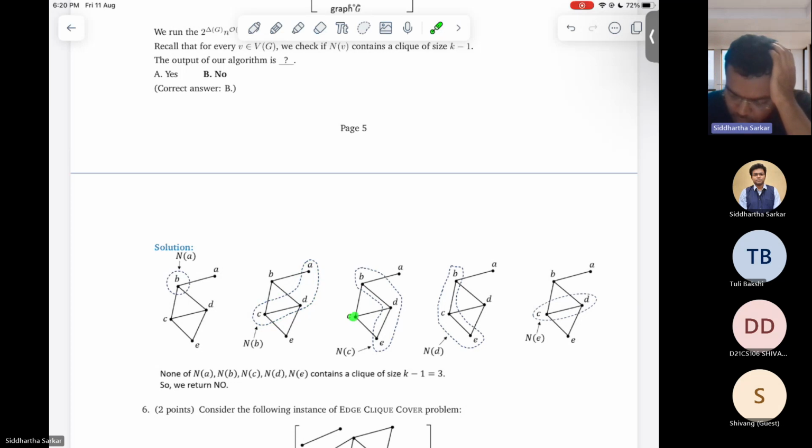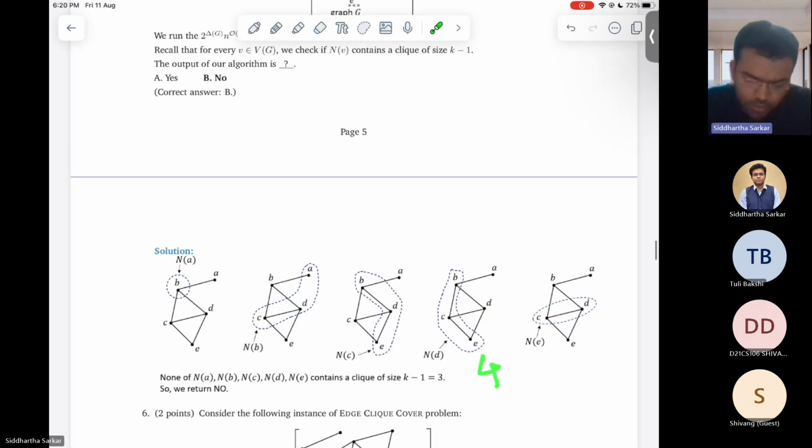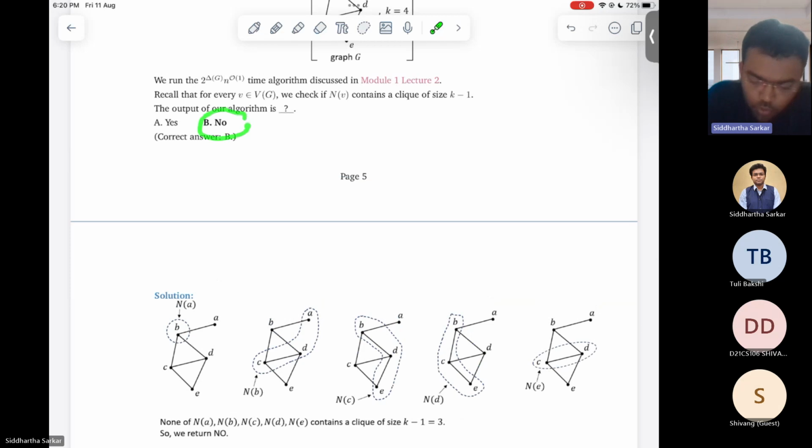Similarly, in the neighborhood of C, we have 3 vertices, and they are not forming a triangle. In the neighborhood of D, there are 3 vertices, but they are not forming a triangle. And in the neighborhood of E, we have only 2 vertices, so there is no question of forming a triangle. Therefore, this instance cannot have a clique of size 4, and our algorithm will correctly output no.